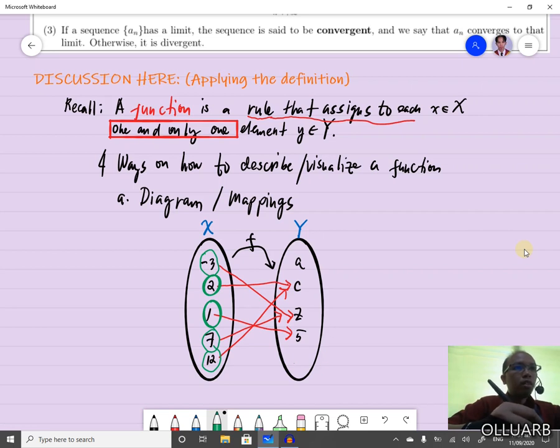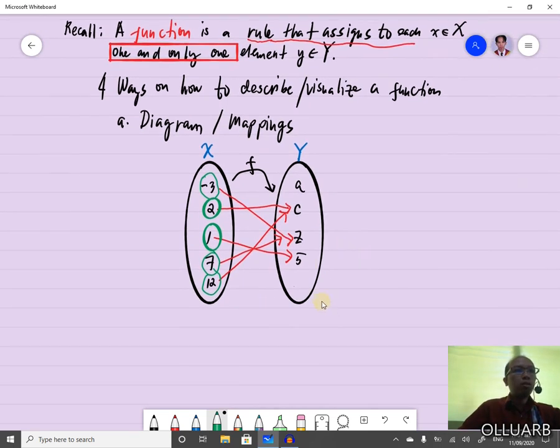Okay, so what will happen if there's more than an arrow? If there's more arrows in here, this means that this is not a function anymore. Okay, so the other term for that is a relation.